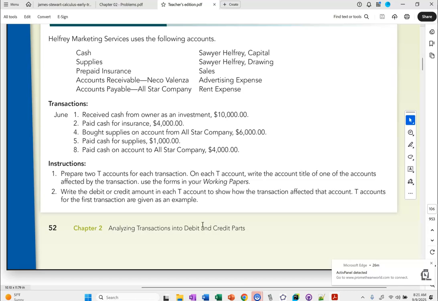And lastly, June 8th, your two accounts are accounts payable and cash. $4,000 on the left for accounts payable and $4,000 on the right for cash. So far, so good? Okay. You guys can hang on to those. We'll turn them in at the end of the hour.